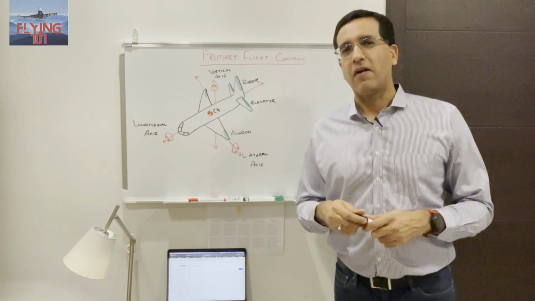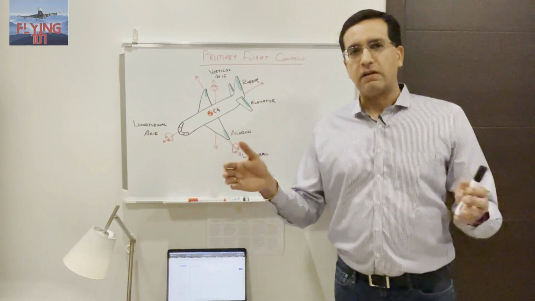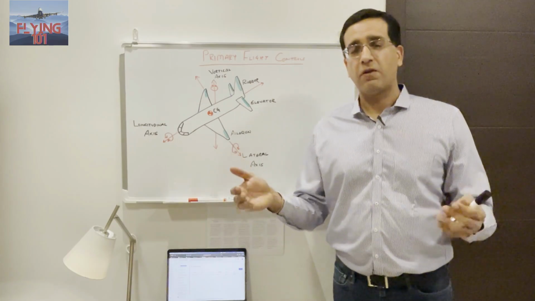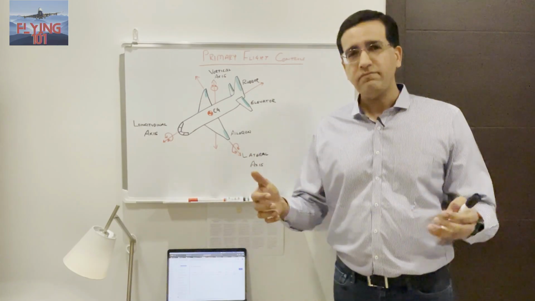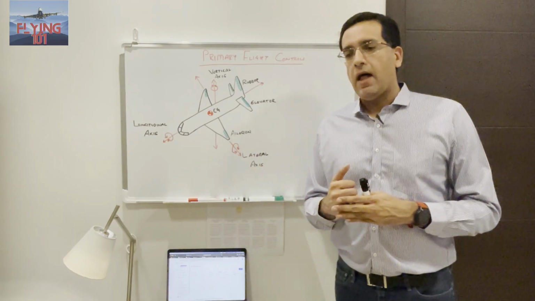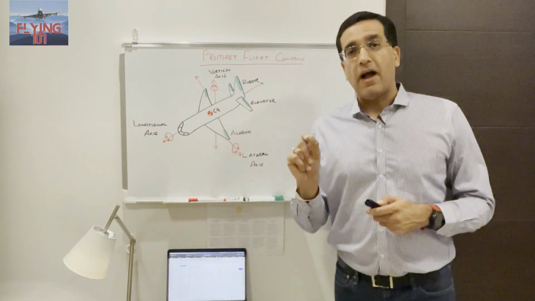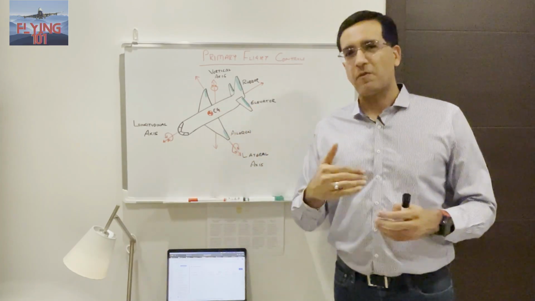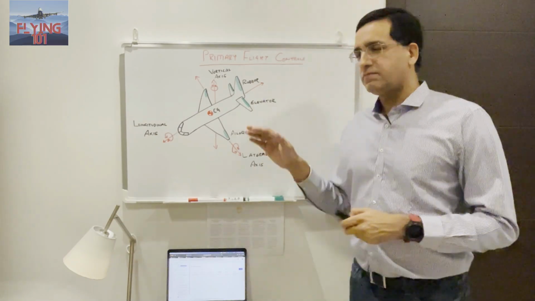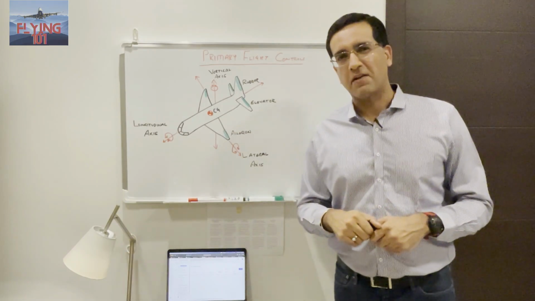When we're talking about loading, we're referring to the way the passengers are seated, the distribution of the cargo in the cargo holds, the way the fuel is loaded, the quantity of it, the weight, the tanks that have been used for the fuel, etc. And so the CG, or the center of gravity, actually moves depending on the distribution of the weight of the loading on an aircraft.